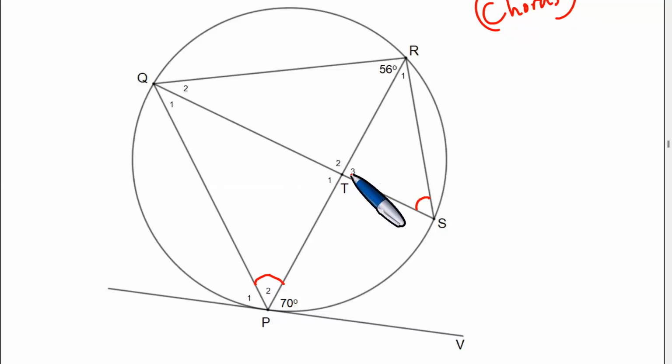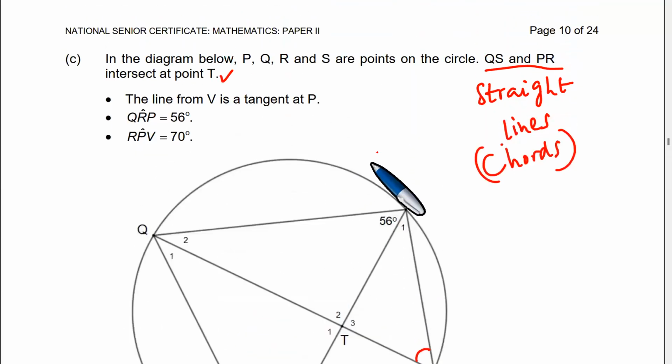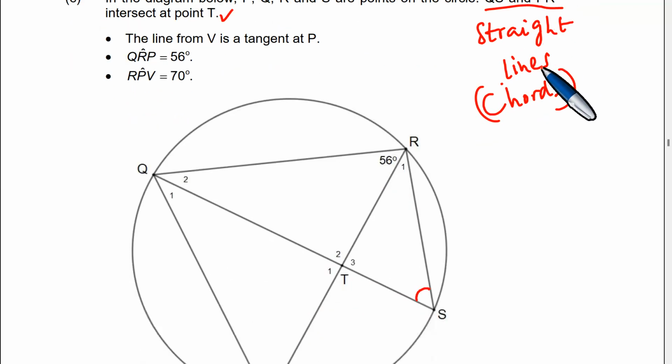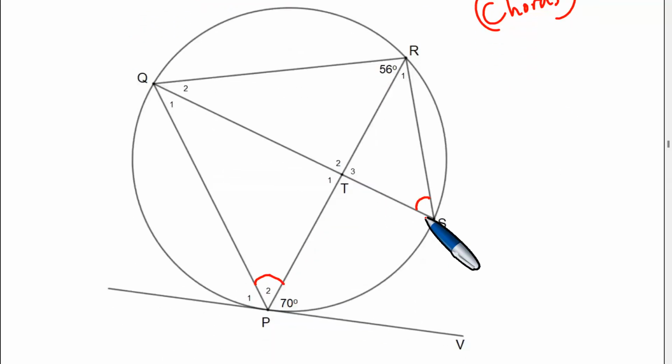They don't use the word straight, but they just say QS and PR intersect. In other words, they are straight lines, and therefore we're dealing with chords here, and we can have angles in the same segment.